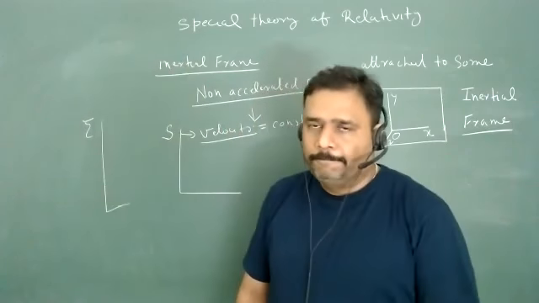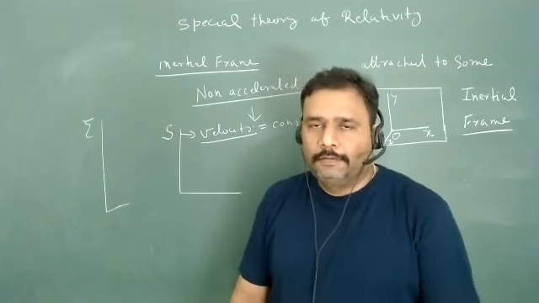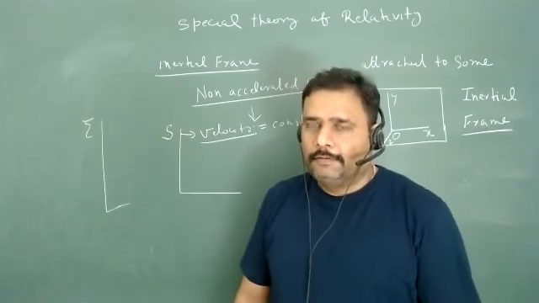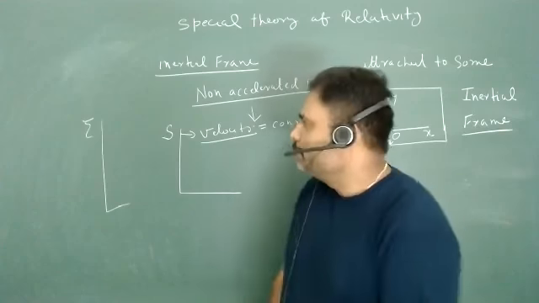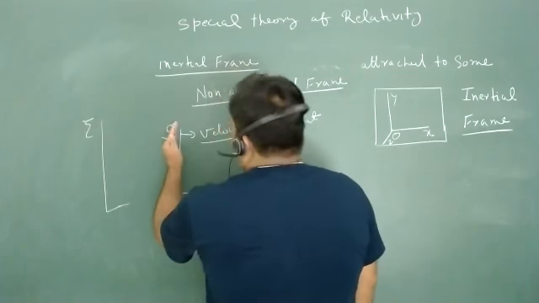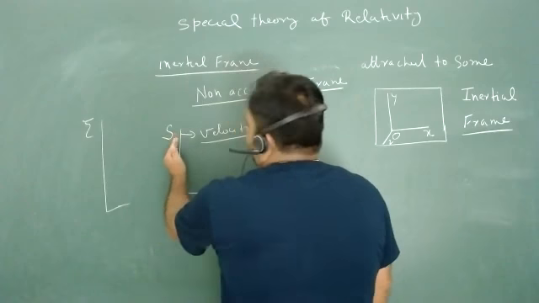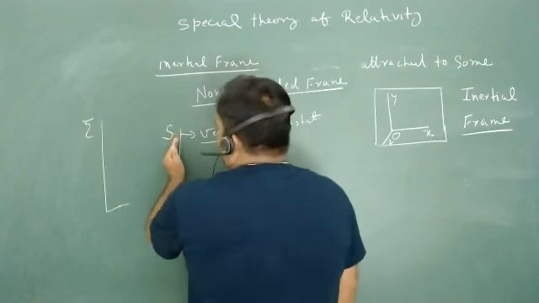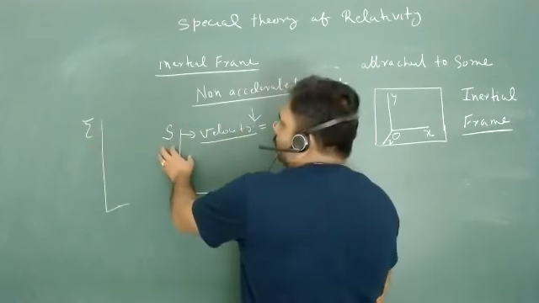Sir, is this statement correct or false? Sir, I can't understand. What I am saying is this is one frame and it is an inertial frame, which means this frame is moving with respect to sigma, because I have to define the motion.